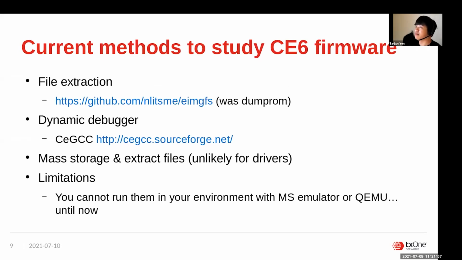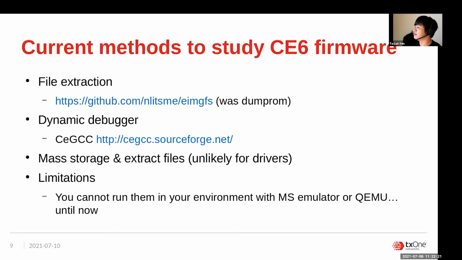And here are some current methods should you try to study CE6 firmware. Before our research, there were a few limited options should you attempt to research any given CE6 image. There's a tool called emgfs, which has deep roots back in the days of Windows Phone modding, to extract the files from the image.